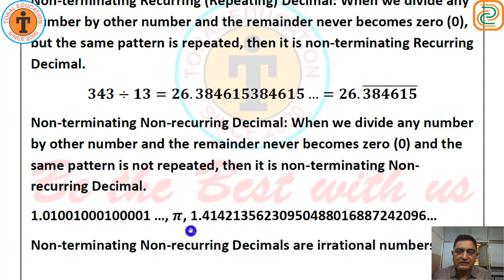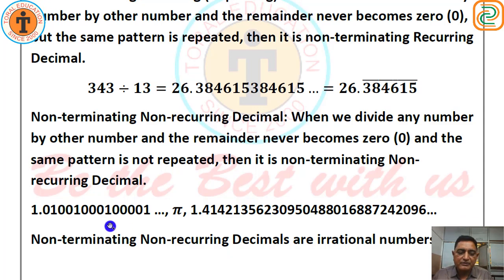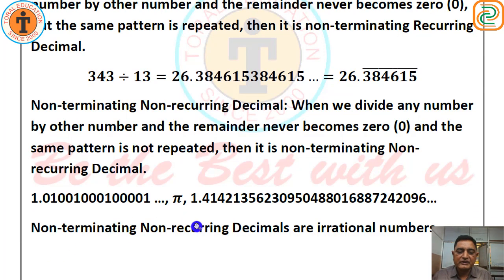Pi, right? 1.414233562309, in this way, the number pattern does not repeat at all. So this is a non-terminating, non-recurring decimal, and these are irrational numbers.